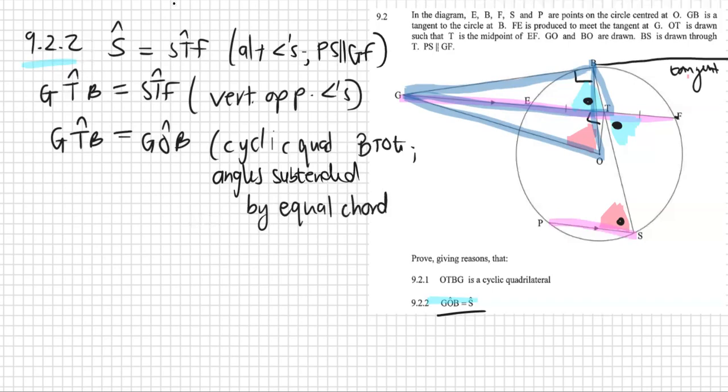Probably you can write one of these proofs. I just want to write both to be thorough. So those are equal to each other. And of course, then we can deduce that our first angle is equal to the one we were aiming for. So the last bit of the proof is that angle S is equal to GOB, which was what was required.